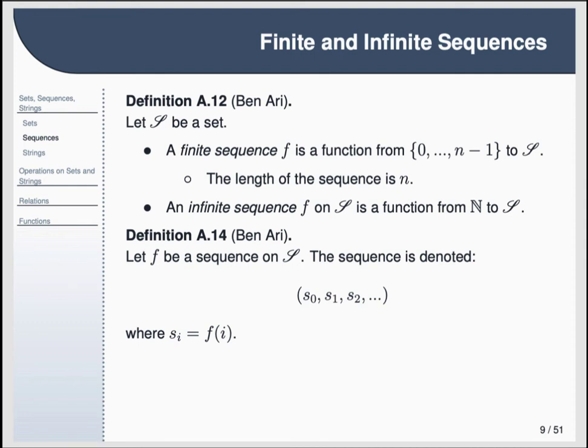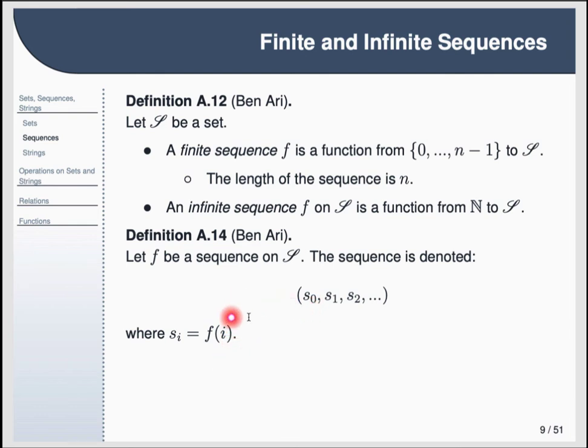So again, what's happening here is F we're thinking of as a function. Its domain is the natural numbers, and we're plugging in natural numbers, and that's what I represents here, and getting elements of S, which have this index, right? That's what the same on both sides is, that I. So for example, we're plugging in 0, and our function F is giving us S sub 0 as the output.